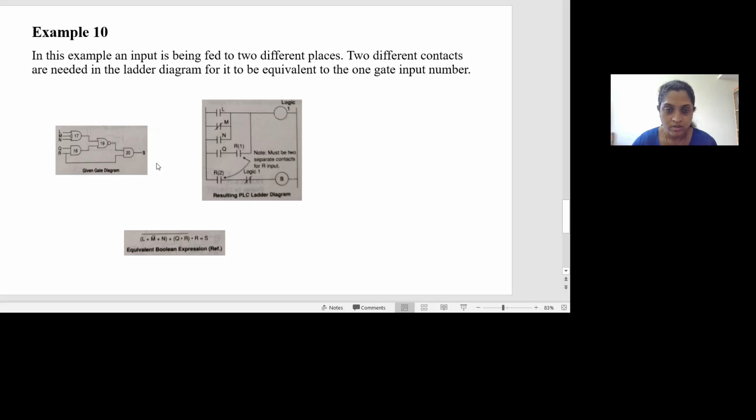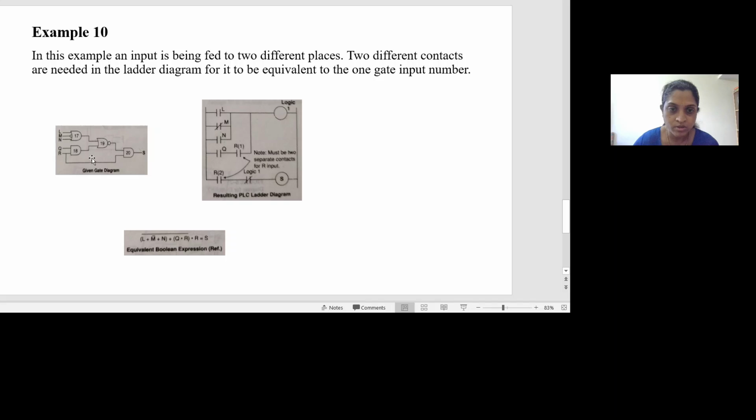OR means these two combinations are in parallel. So I have taken the L, M, N parallel combination and that is in parallel with the Q and R combination. So you could see here. And this produces the OR gate output. You have OR gate 19, that output is produced here.